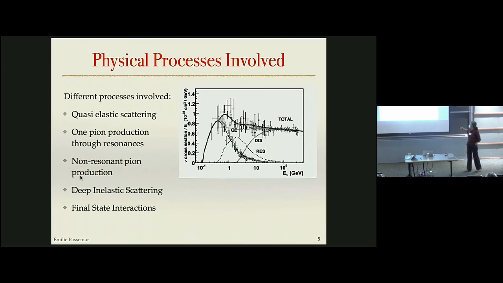And then when you increase energy, you start to increase the difficulty of the problem, right? Because you start to produce more particles and especially pion production. And then you have this intermediate energy region, which is called the resonance region, where you create many particles and resonances. And then at higher energy, the deep inelastic scattering is dominating.